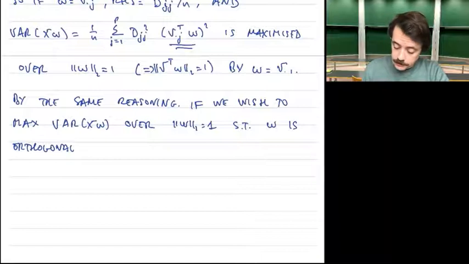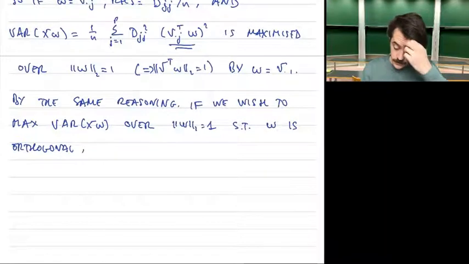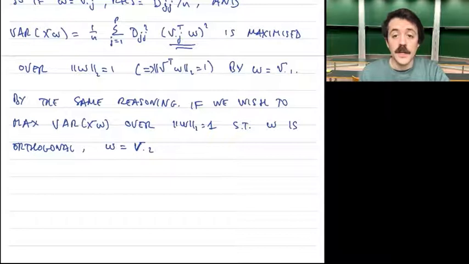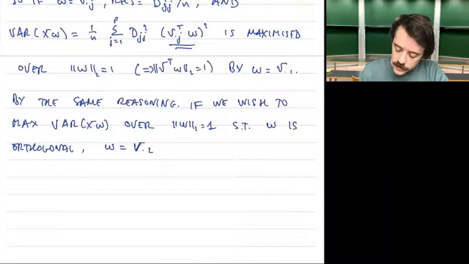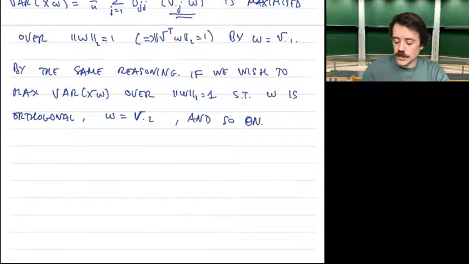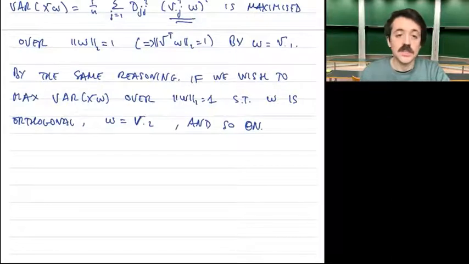So if we maximize this under this condition, then w should be the second column of V, and so on. You see that the columns of V are the ones that have the highest variability under these conditions.